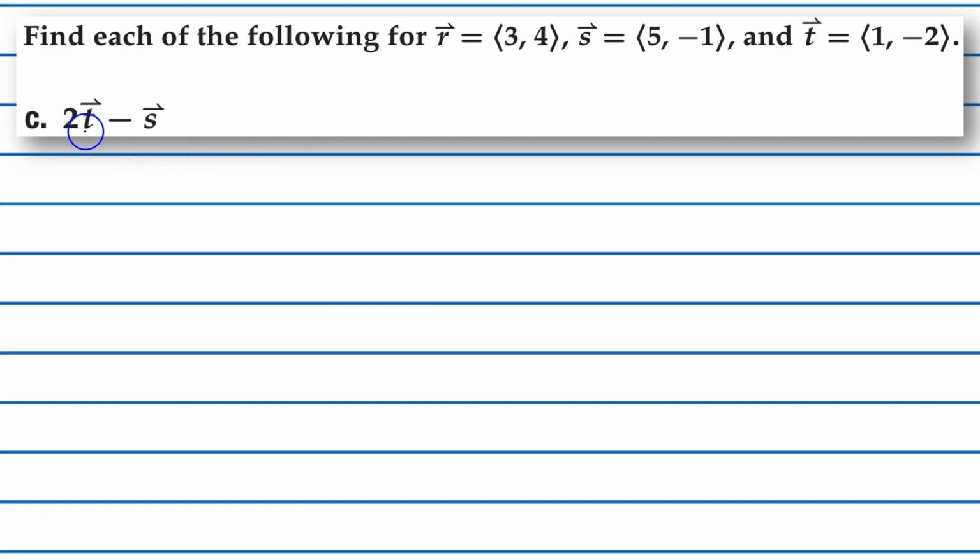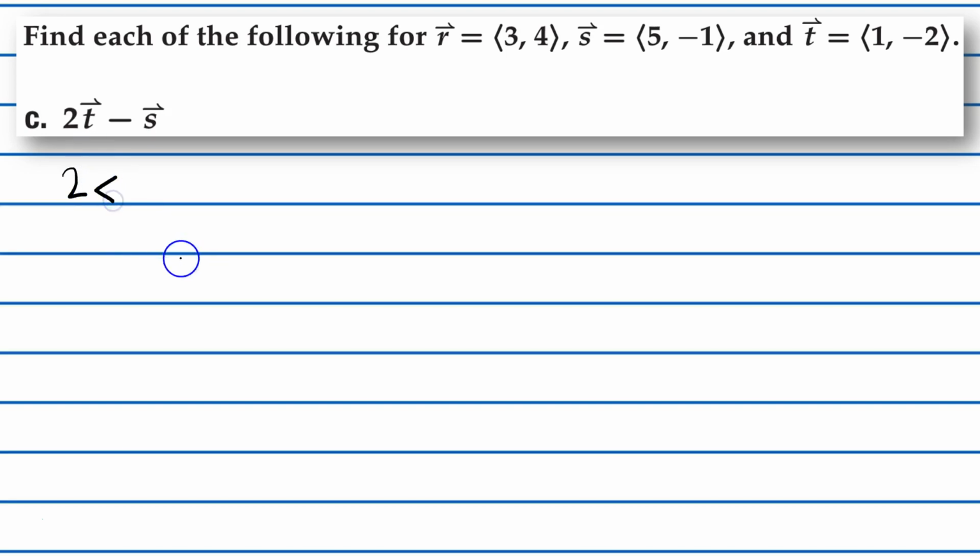So 2 times vector T minus vector S. So here we have 2 times our vector T, which is, oops, gotta be careful, gotta make sure you're using the brackets.